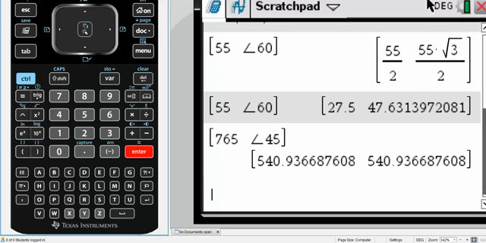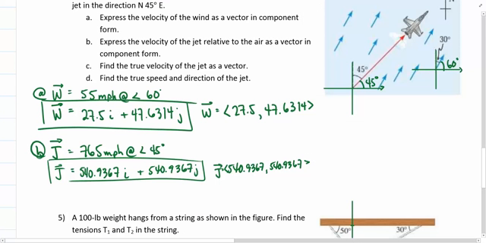And this is what it looks like from my end. 765 at an angle of 45 degrees results in a component vector of 540.9367, and the same for the J component. So this again is our algebraic form in the box, and the component form is shown here inside the angled brackets.